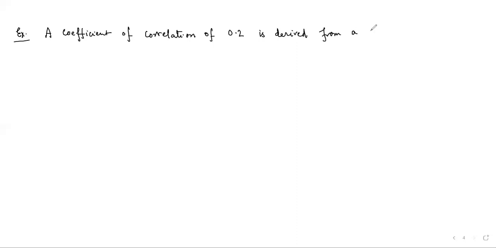Let me give you another example. The example is like this: a coefficient of correlation of 0.2 is derived from a random sample of 625 pairs of observations.